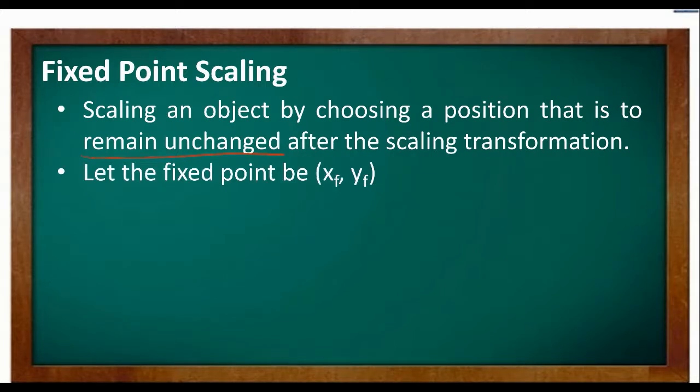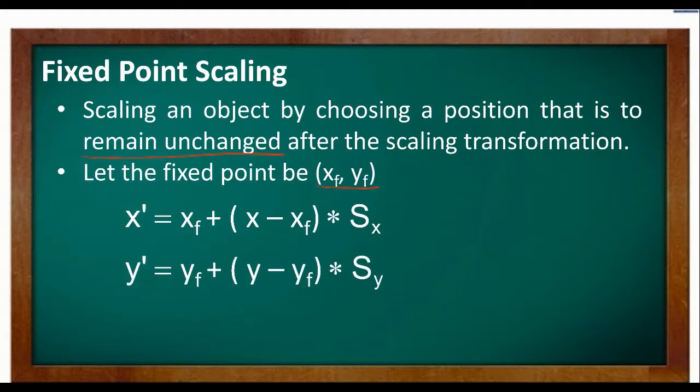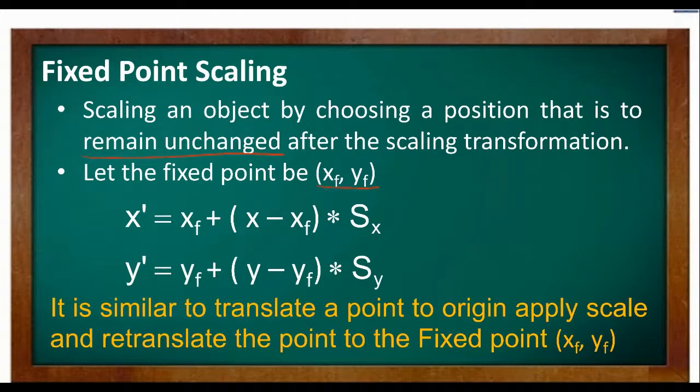Let us call that particular point as xf comma yf. Then x dash is equal to xf plus x minus xf into sx, y dash is equal to yf plus y minus yf into sy. It is similar to translate the point to the origin, apply scaling, retranslate it to the fixed point.